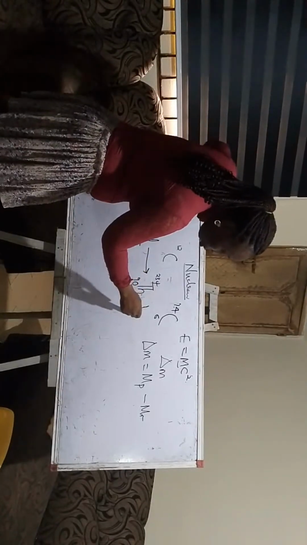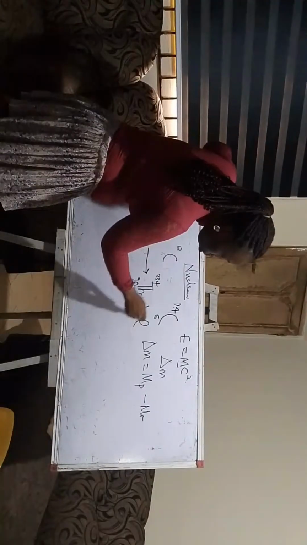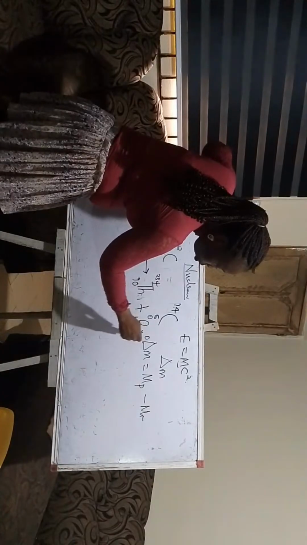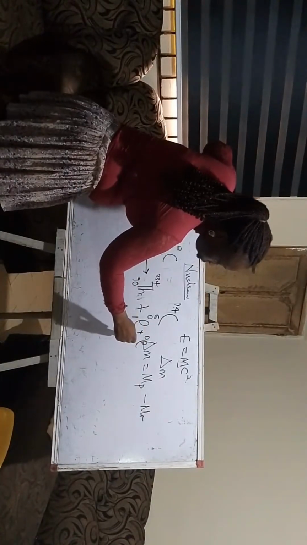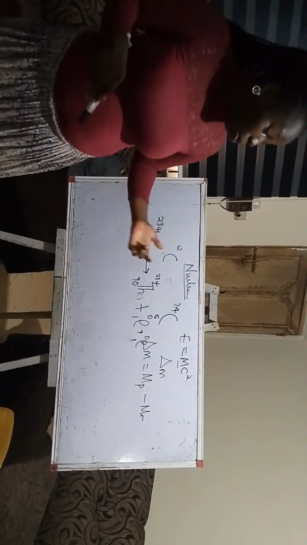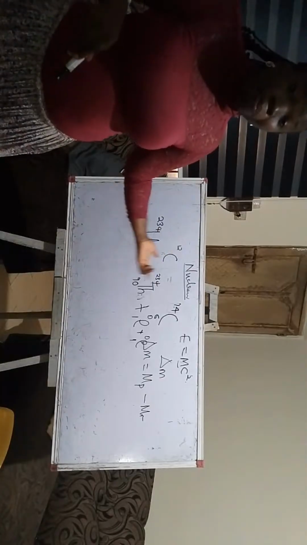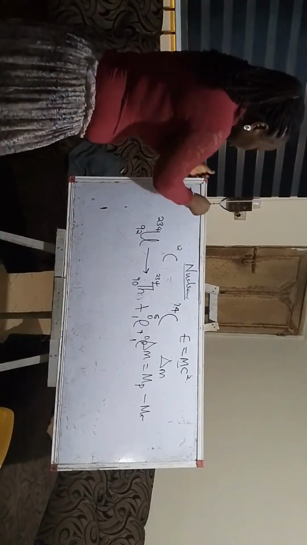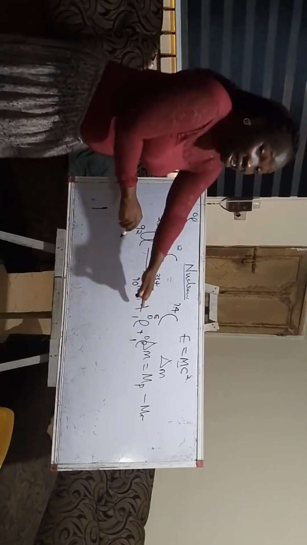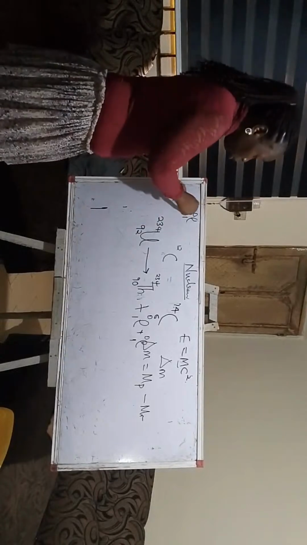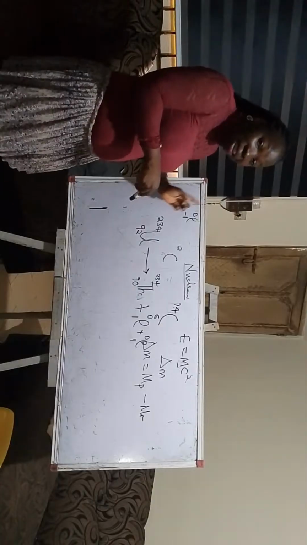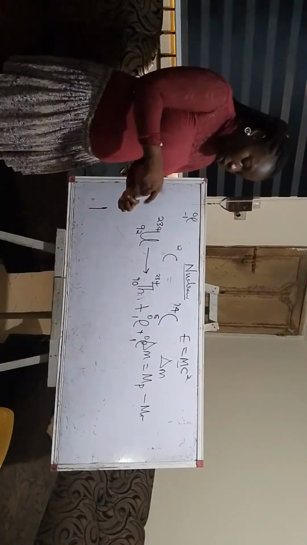So that means it has to emit 2 positrons. A positron is the positive aspect of a beta particle. You know, a beta particle is 0, e, minus 1. Then the positron of the beta becomes +1. It increases the atomic number, while beta decreases the atomic number.